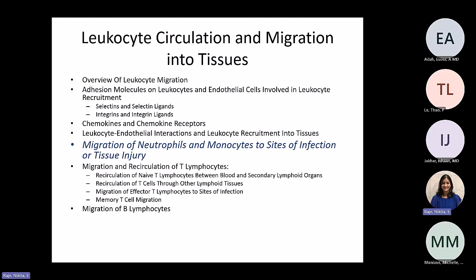LAD type 1 is the most severe, presenting pretty early in life, versus LAD type 2 and type 3, which can present later in life. The infection part is way less severe in type 2 and type 3 compared to LAD type 1. So they present differently, but I think the genes are still autosomal recessive. I might have to check on the third one.